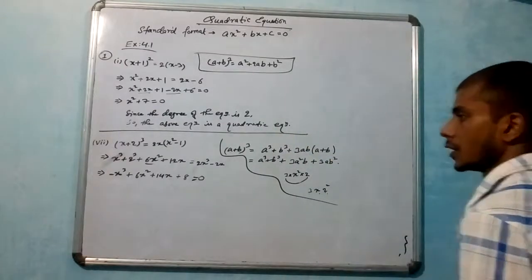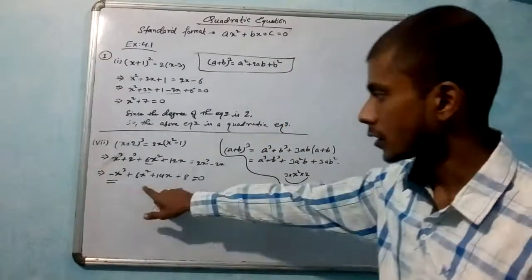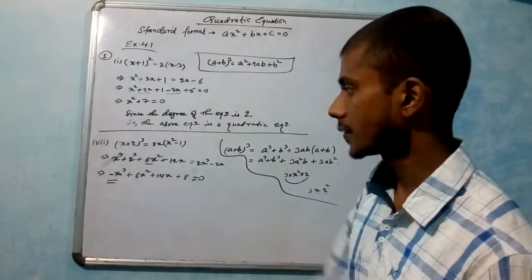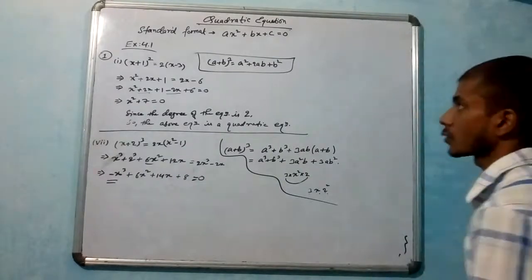So see what we are observing here: this is not a quadratic equation. Why? Because the degree is 3 here. It is a cubic equation, not quadratic.